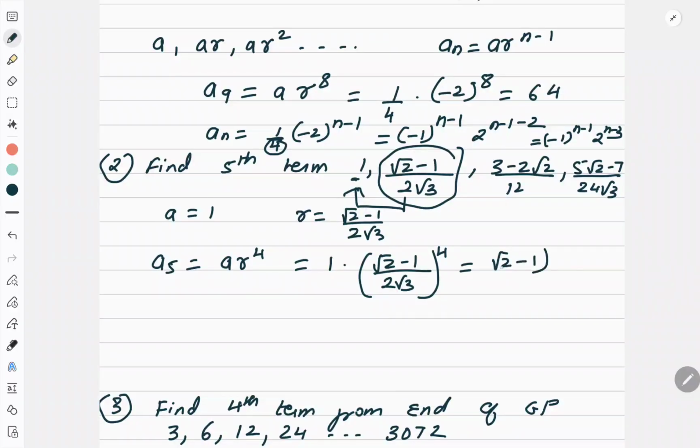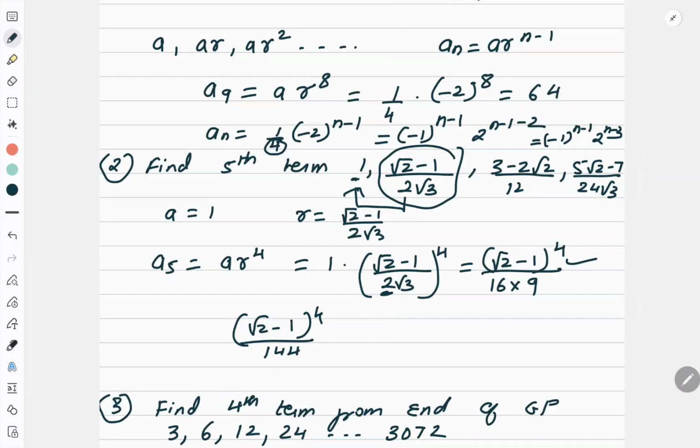(Root 2 minus 1) to the power 4 in the numerator. In the denominator, 2 to the power 4 is 16, and root 3 into root 3 into root 3 into root 3, 4 times, is 9. So this is equal to (root 2 minus 1) to the power 4 upon 144.